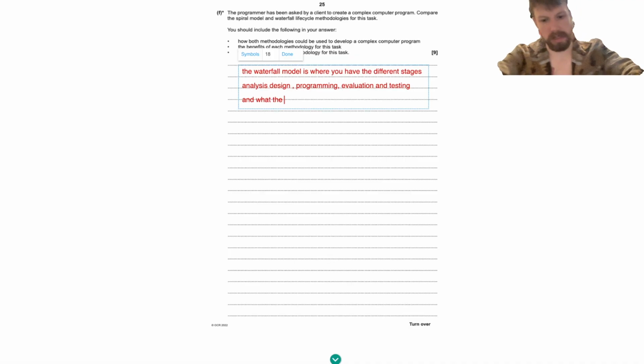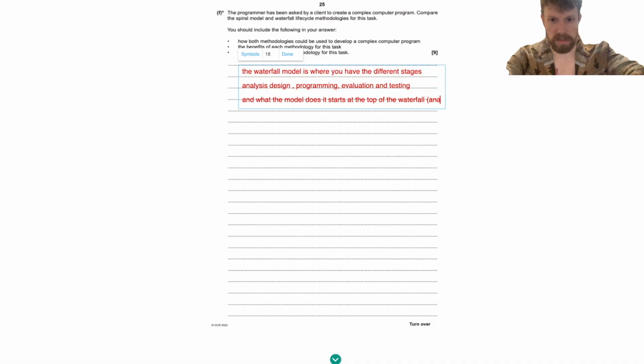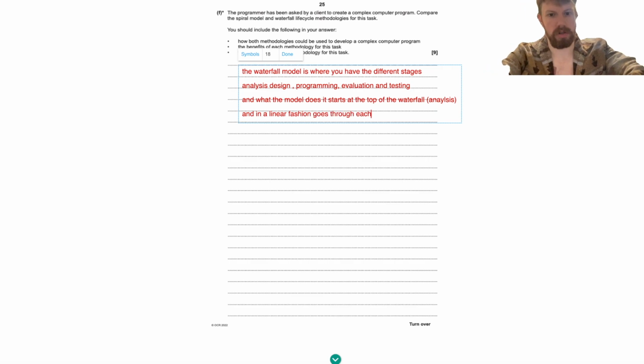And what the model does is it starts at the top of the waterfall, analysis, and in a linear fashion goes through each of the different stages.